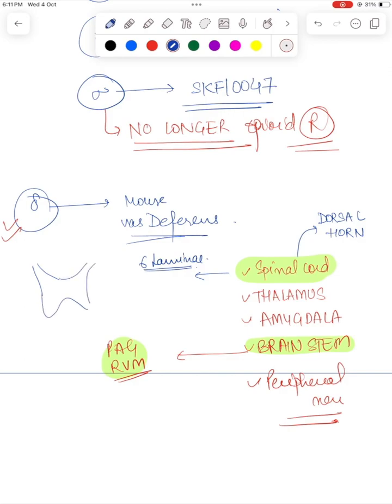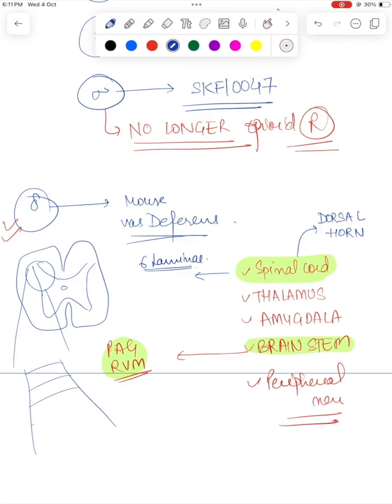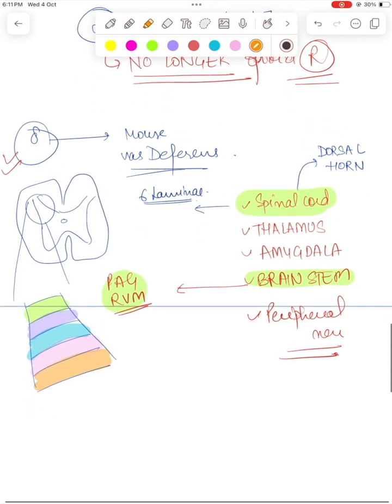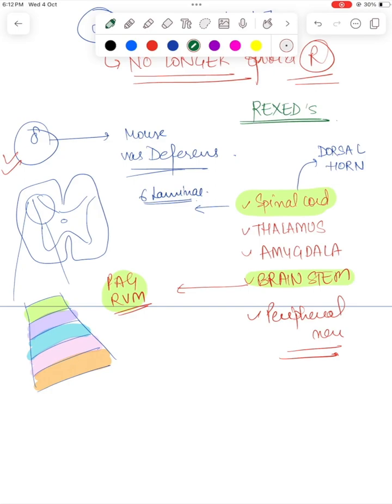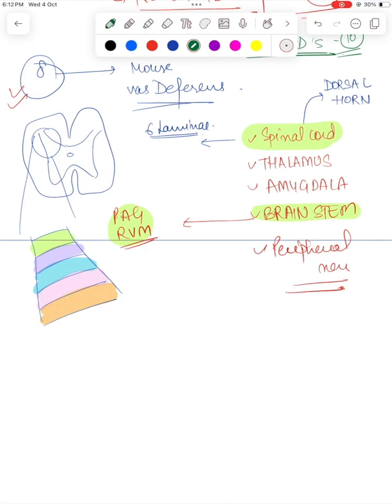For example, if this is the gray matter of the spinal cord, just a very rough diagram, and I zoom in on the dorsal horn, it is going to be divided into 6 laminae: the first lamina, second, third, fourth, fifth, 6, and so forth. In fact, 10 laminae have been described by a scientist called Rexed, which is why they are often called Rexed's laminae. 5 or 6 of them are present in the dorsal horn.